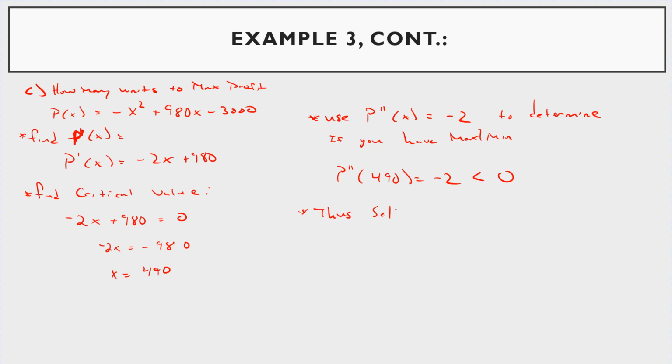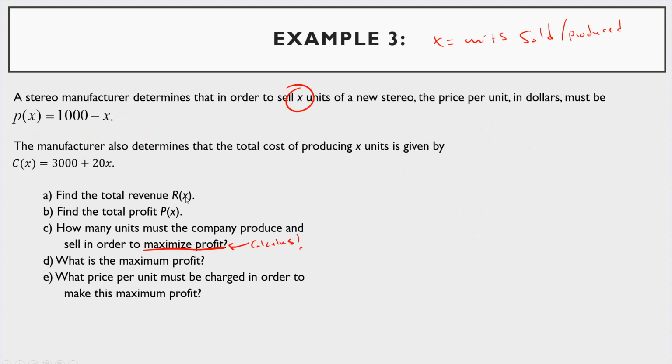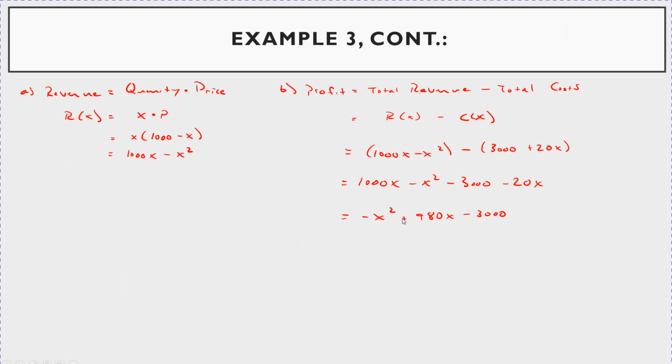Thus selling 490 units maximizes the profit. This is some simple calculus, and we've now found the max units. So what is the maximum profit the company will make?